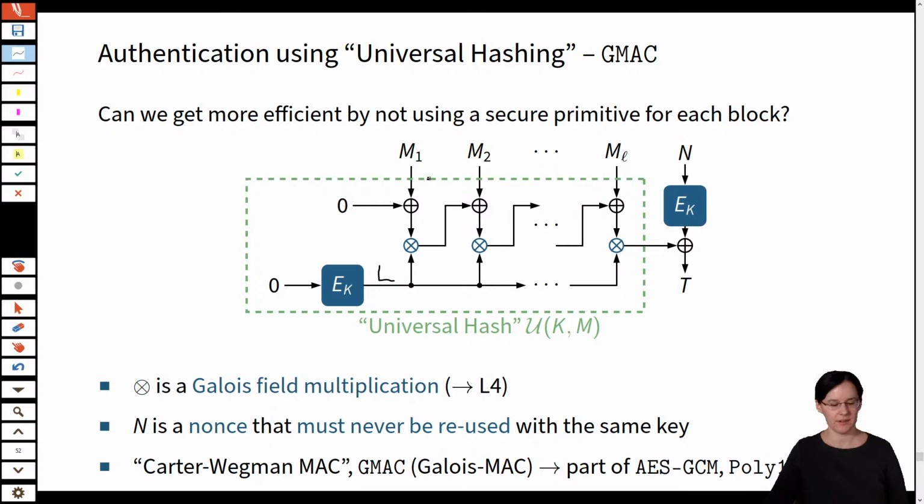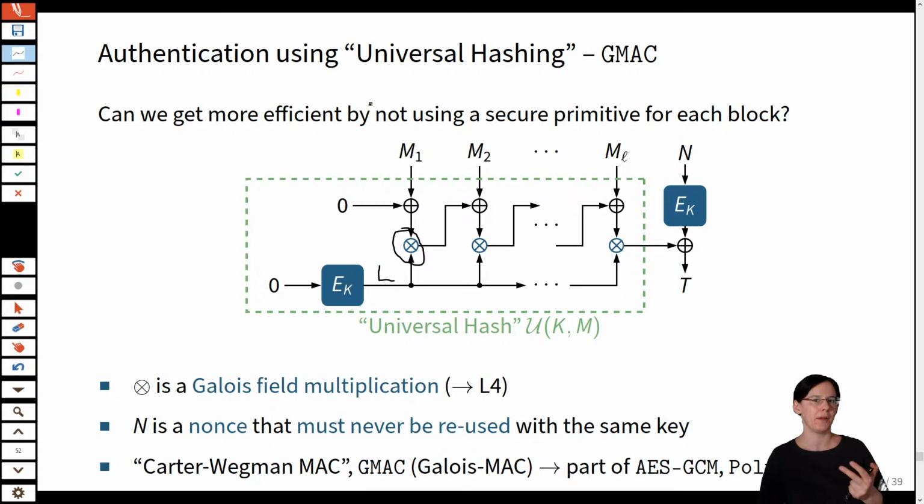And then this looks a bit similar to the CMAC construction. The message blocks are always XORed to the current chaining value, but instead of putting a block cipher here, the intermediate value is simply multiplied with the secret value L before the next block is XORed, and so on. So this is a bit like a CBC construction, but replacing the block cipher with a simple multiplication.